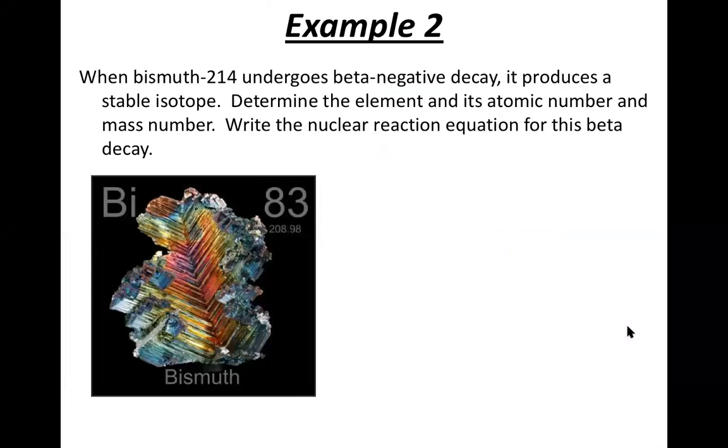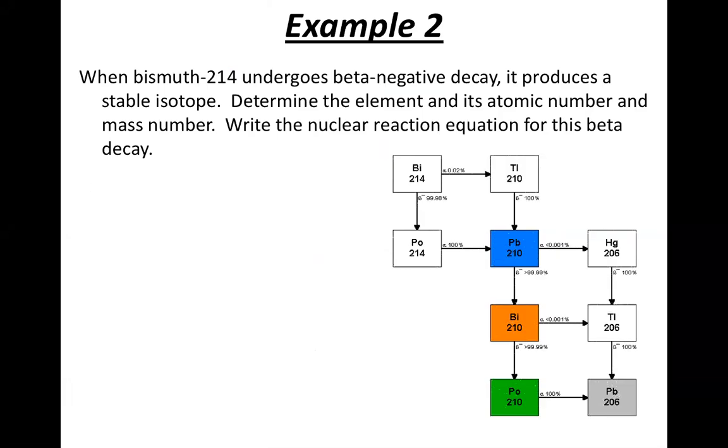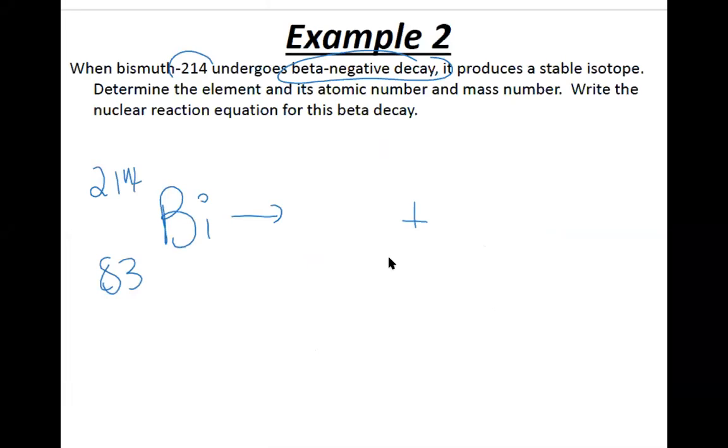Okay, so for an example, bismuth-214 undergoes beta negative decay. It produces a stable isotope. Determine the element and its atomic number and mass number. Write the nuclear equation for this beta decay. So for bismuth-214, the 214 gives us the number on the top. We look up in the periodic table the number of protons and the symbol. As soon as it says beta negative decay, which I promised you we'll give you, you should know that means it releases a negative electron.